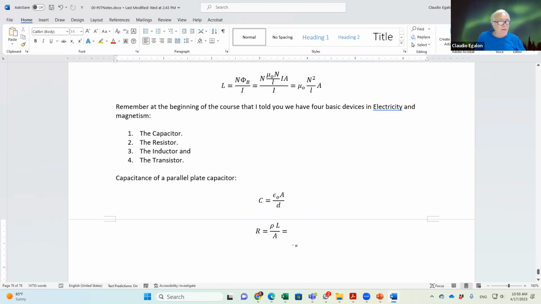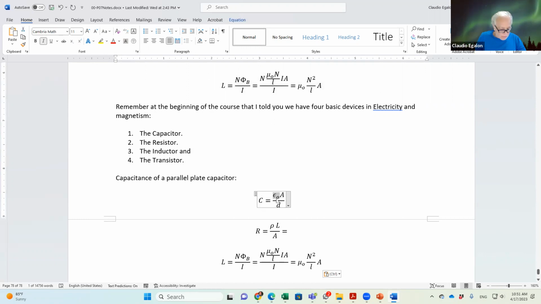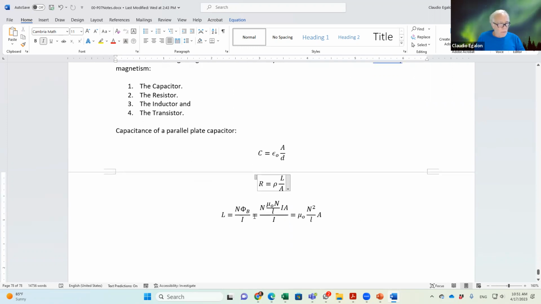Okay? And finally, what we have for the inductance, we have a similar equation. And I'm going to put these constants here outside so I can separate the parameters with the geometrical characteristics of the device, right? What we have here? Similarly, geometrical characteristics of the device and a constant. Take them side by side.